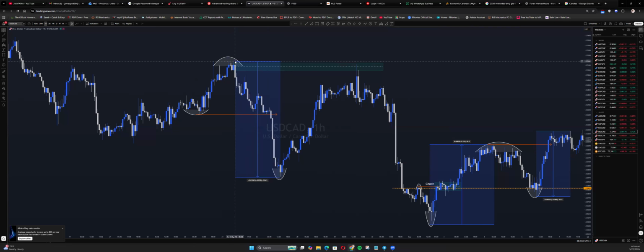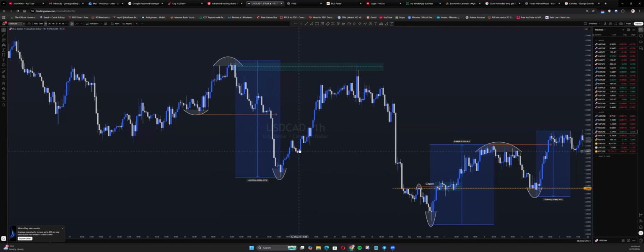We have three types of retracement: the shallow retracement, which is somewhere around here, the 50% retracement, and a deep retracement. SMC traders usually use more of the deep or 50% retracement value. So this is an example of a deep retracement. In this case, the market didn't come back to somewhere here to give you an entry.